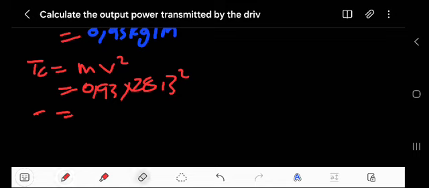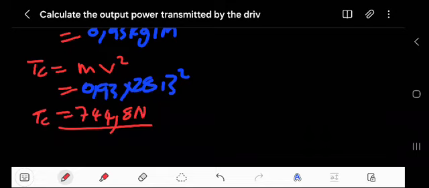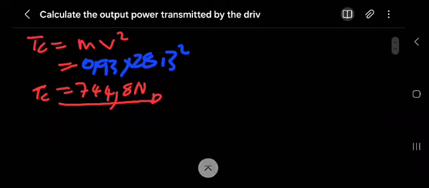If we punch this in, we will receive TC as 744,8 Newton. That is what we have.